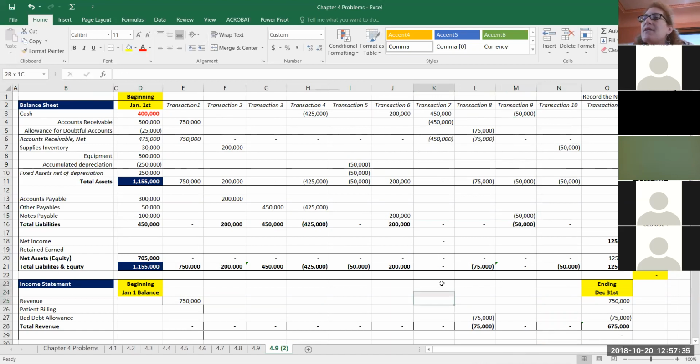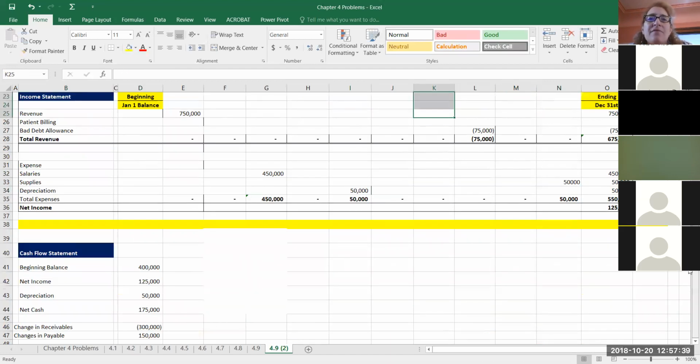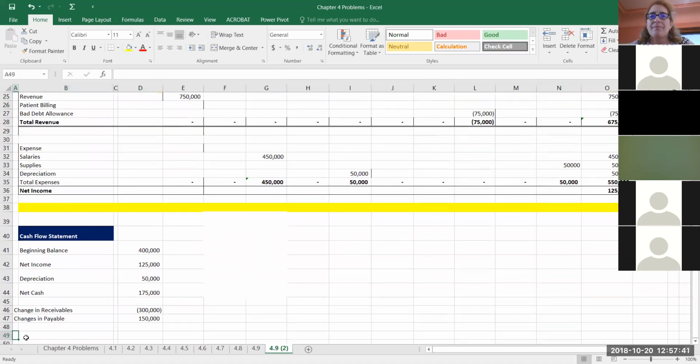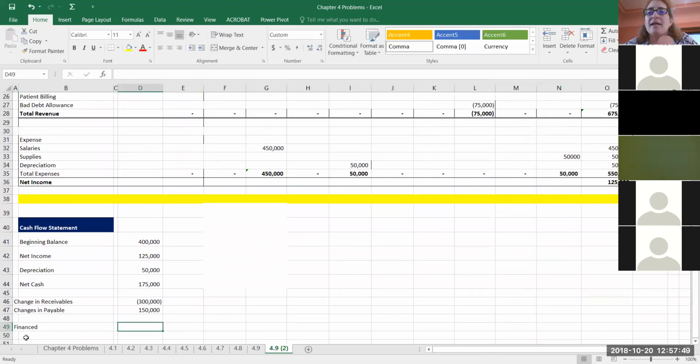So what we like to think about when we look at our cash flows is that's a financing type of transaction. So we're going to say we financed our operations by borrowing $150,000 of cash. Okay. All right. So let's keep going then.